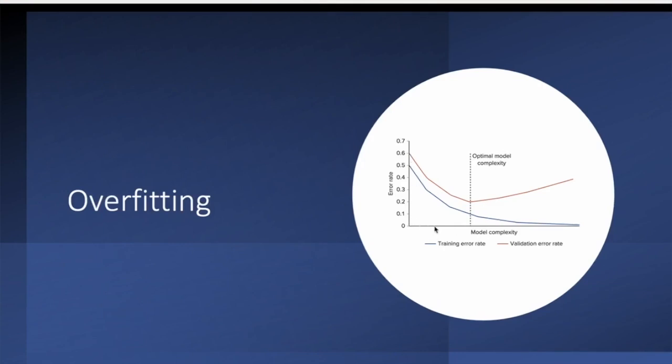At this point, maybe, is the optimal model complexity point. We have relatively low error, and we don't have a very complex model that may result in an overfitting problem, because look at the error for the training data. It goes to 0, right?